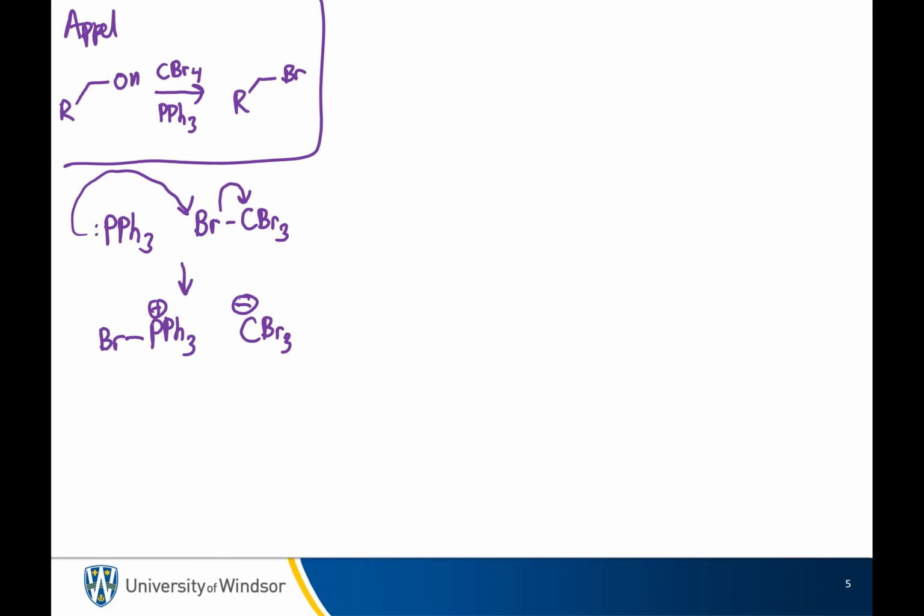So it's a carbon attached to 3 bromines, each hauling electrons for everything they've got. It's pretty stable. But not super stable. So when it floats around, it sees an alcohol, and it will strip off the proton from an alcohol.